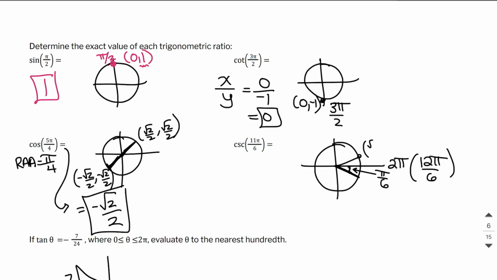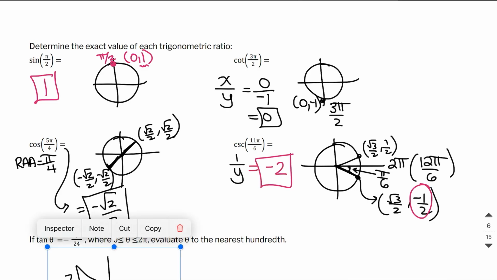Well, if we know that pi over 6 has a coordinate of root 3 over 2, 1/2, then we know that 11 pi over 6 has a coordinate of root 3 over 2, negative 1/2, because the x value is still positive, the y value is negative. And then remember, cosecant is 1 over y, or the reciprocal of y. So I'm going to take my y value, do the reciprocal of it, and I end up getting negative 2.